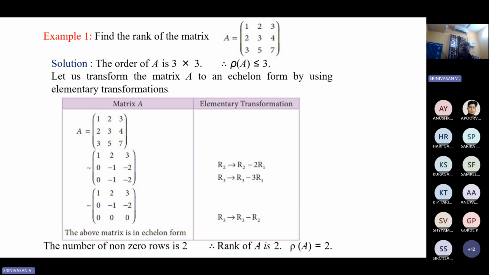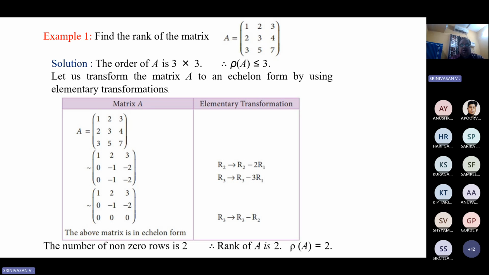Thus, you are able to get this. Don't bother about this 0 now. As of now, our aim is to reduce the given matrix into echelon form. That is triangular form. Let us uniformly do upper triangular. So don't bother about the principal diagonal elements. You are able to get the upper triangular matrix, echelon form.